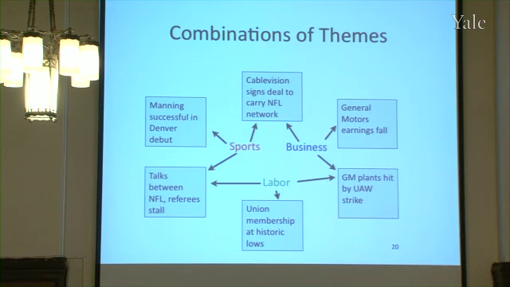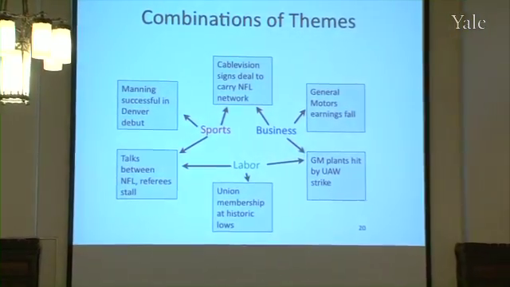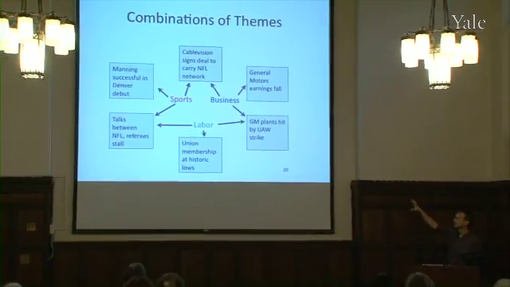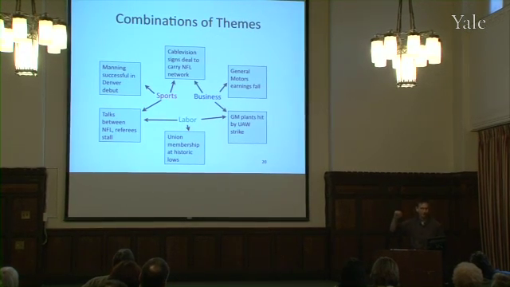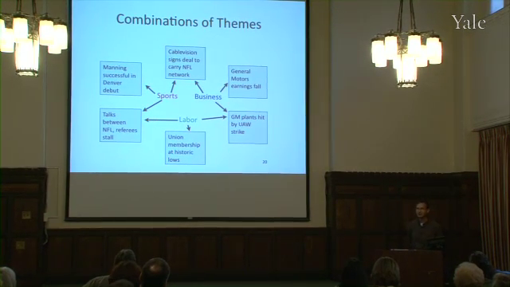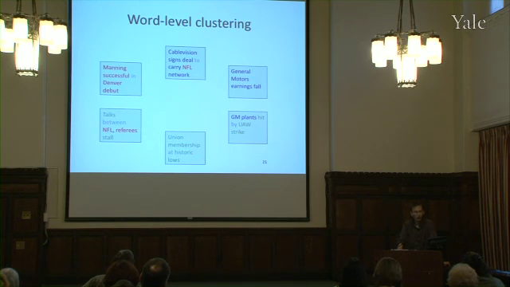You can kind of see how I've set this up, that there's really not a single category for each document. It can be better represented, not best represented, but better represented as combinations of three simpler categories, three themes: sports, business, and labor. And one way to think of this is that we're not applying labels to documents as a whole, we're applying labels to words.